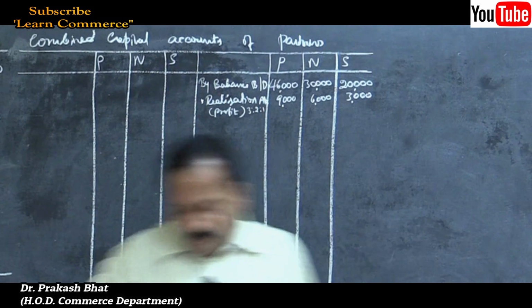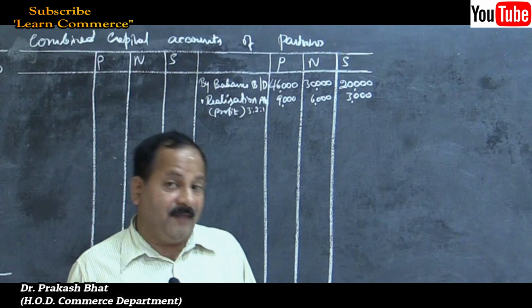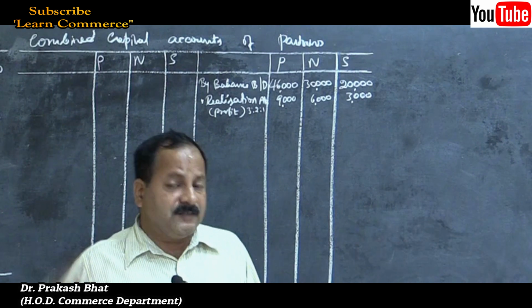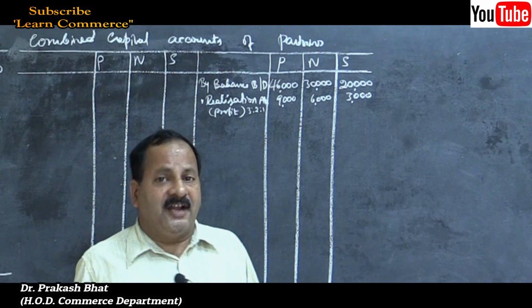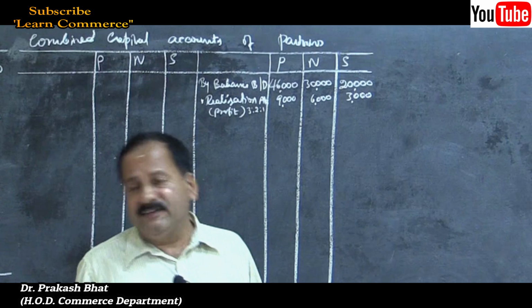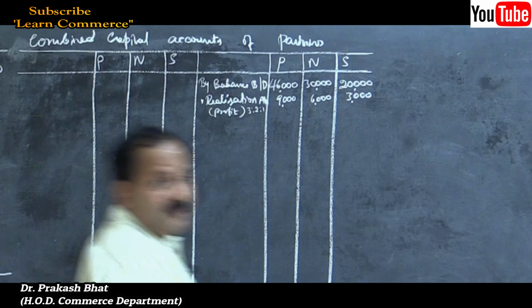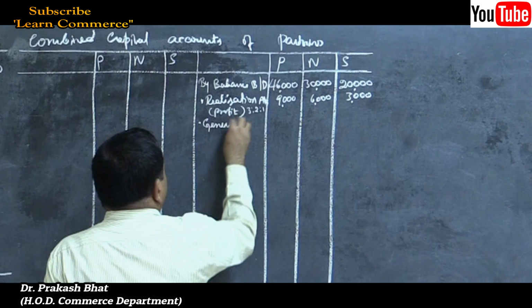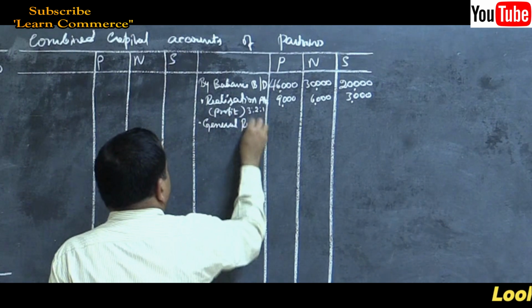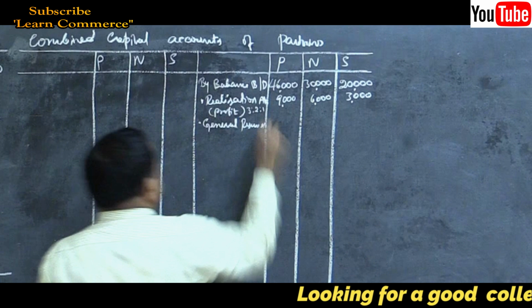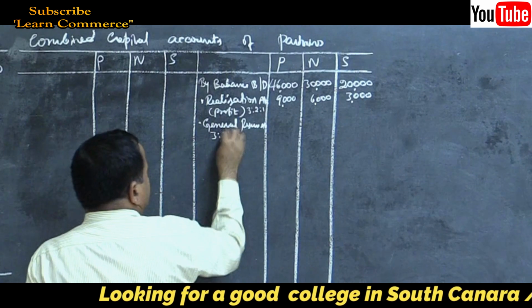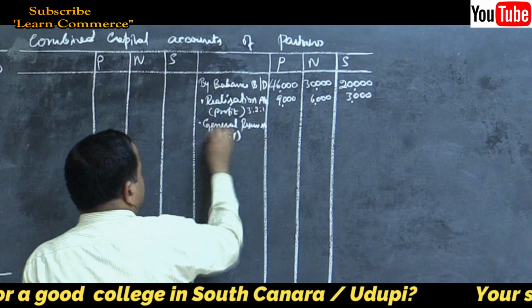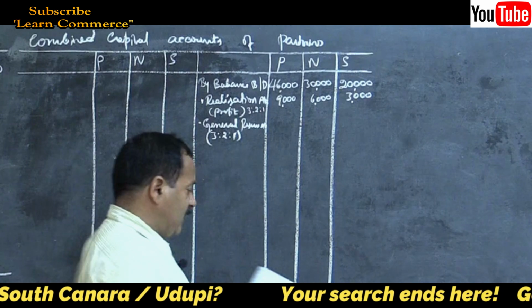If you refer to the old balance sheet, there is general reserve on the liability side. Transfer it to the opposite side of the capital account. That is the right hand side, isn't it? So by general reserve account, in the 3:2:1 old ratio, transfer it to all partners capital accounts.